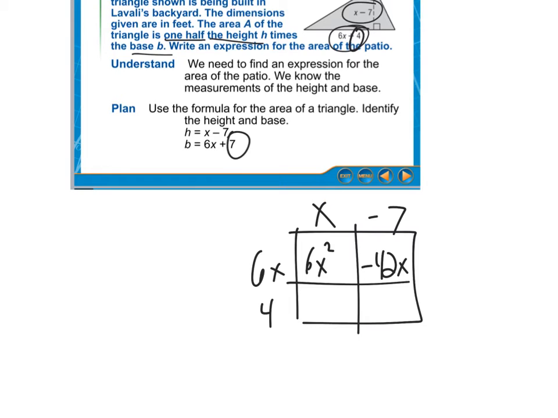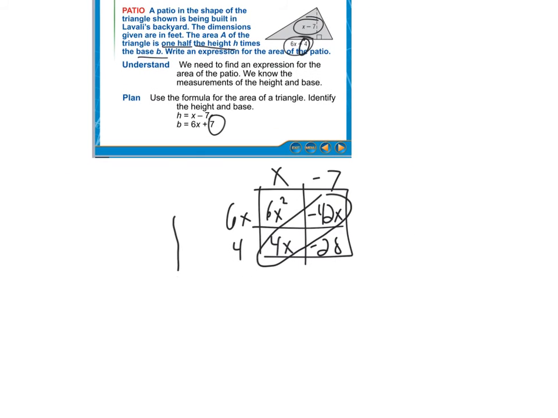And then if I do this one here, x and 4, so that's going to be 4x. And then this last one here is going to be negative 7 and 4. It's negative 28. Now again, there's my diagonals, and that diagonal is like terms. So I got 6x squared minus 38x minus 28. And again, if you take half of that, you get your answer.